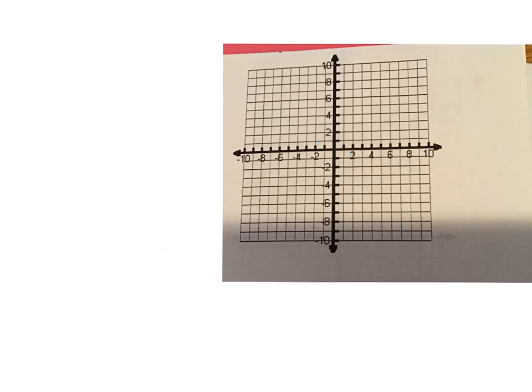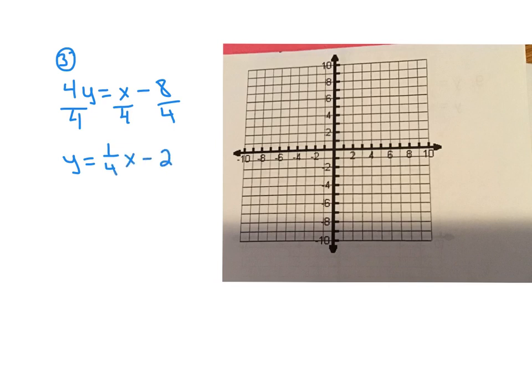All right, let's go on to number 3. 4y equals x minus 8. Now remember, y has to be alone. So the first thing we have to do is divide everything by 4. So y equals 1/4 x minus 2.